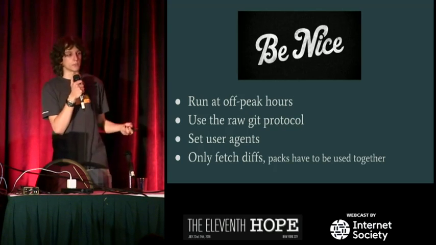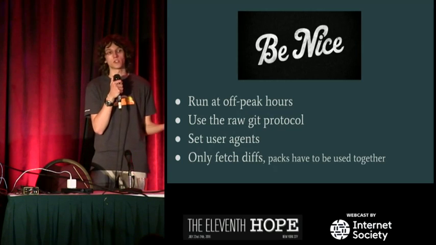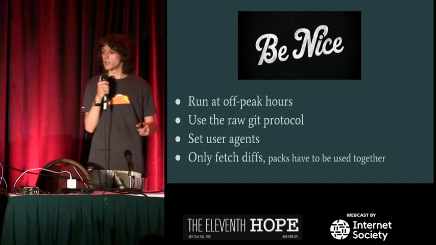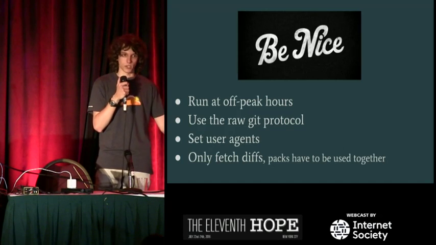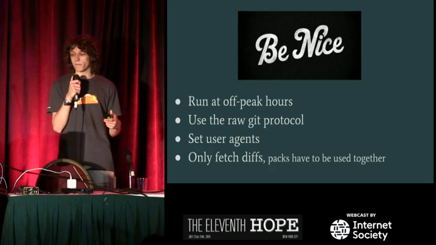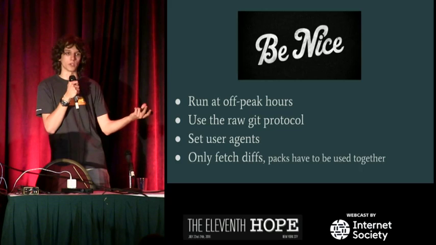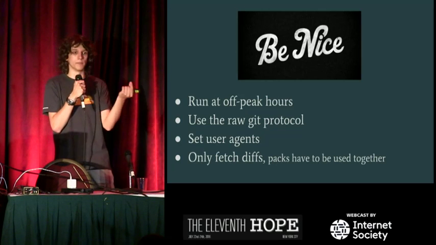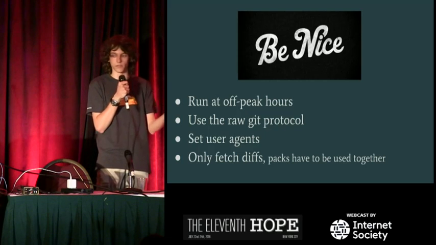We use the raw Git protocol because we suspect that bypasses the HTTP load balancers, so maybe that's faster. We set user agents so that if they want to shut us down, they can do it cleanly. And as we said, we only fetch differences, so we don't abuse the bandwidth between us and GitHub and only make the necessary bytes travel over the network.